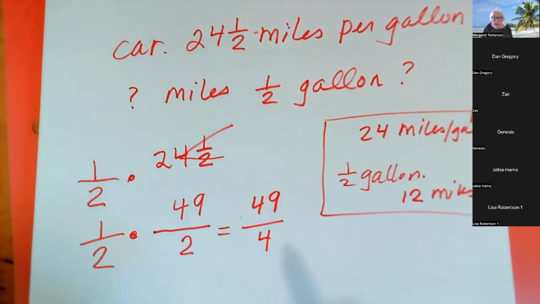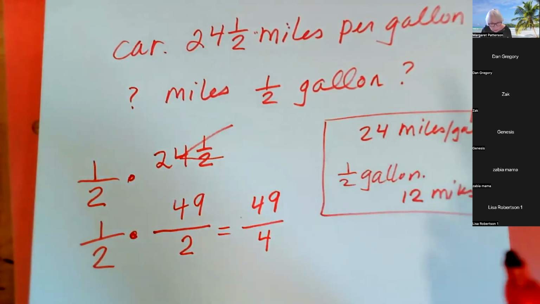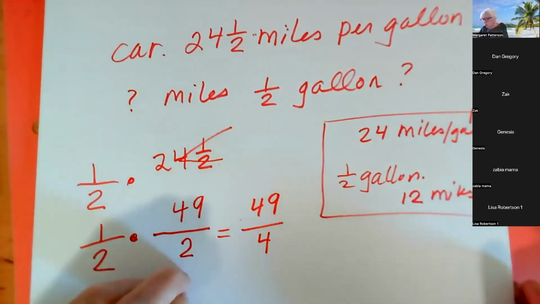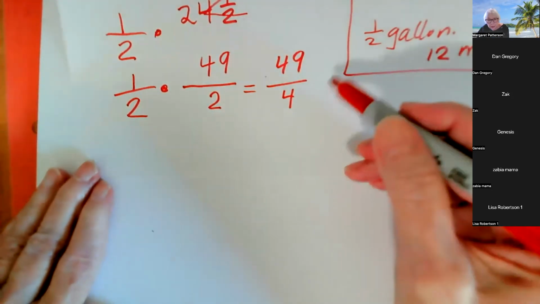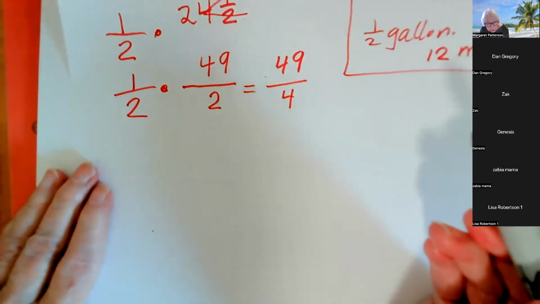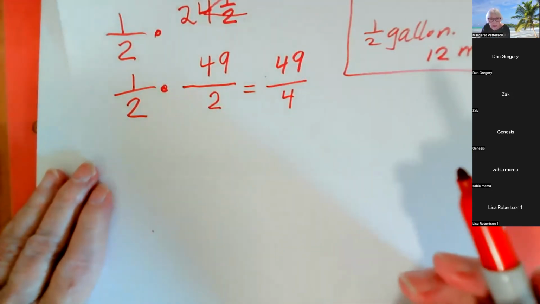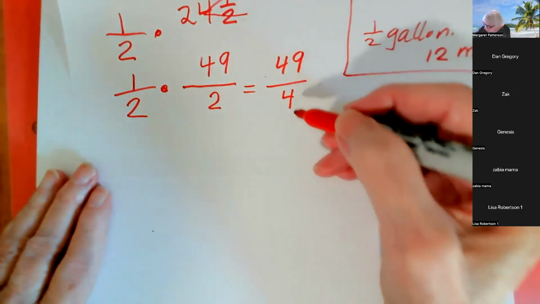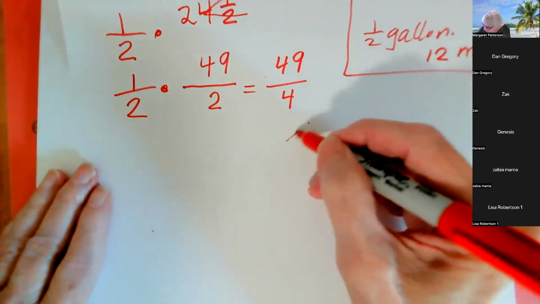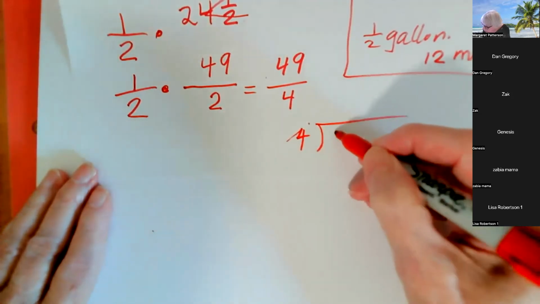Now I'm thinking, I'm not really sure how many miles I'm going to get. So with word problems, I think we're tempted to turn it into mixed numbers, and they may actually say so. Let's have your answer as a mixed number. So this is 49 divided by 4. 4 into 49.